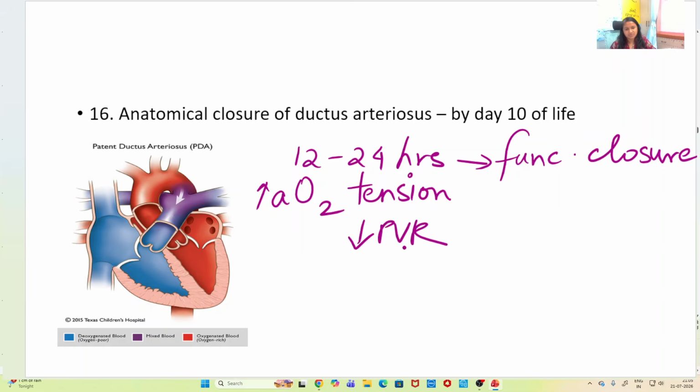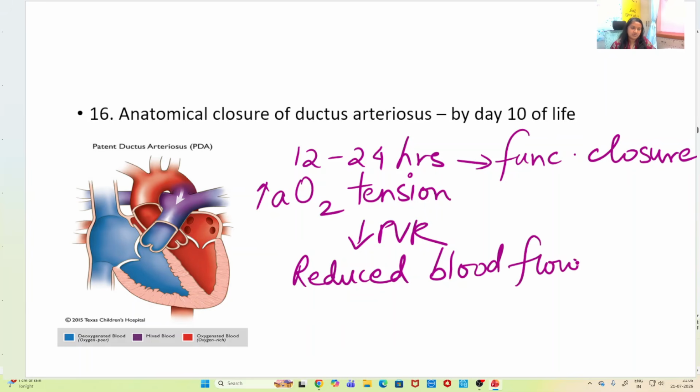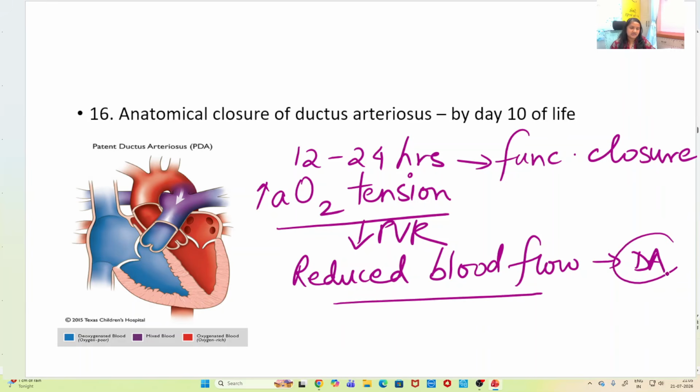So pulmonary vascular resistance drops and there is reduced blood flow through the ductus arteriosus. Because of these two things, there is functional closure in the first 12 to 24 hours, but within the next 2 to 3 weeks it closes anatomically because it fibroses.